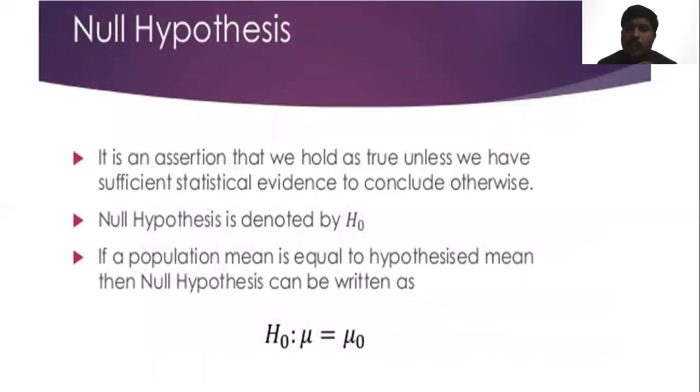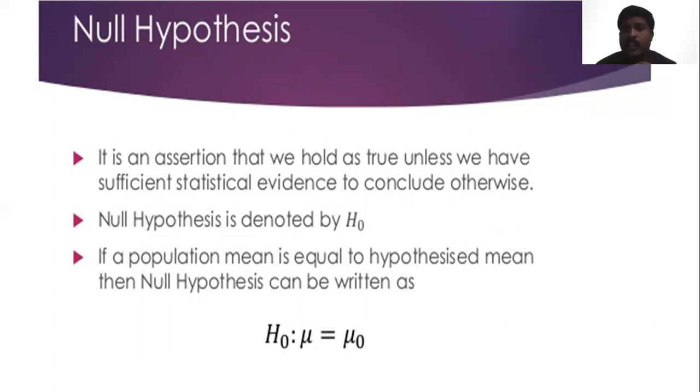So what is a null hypothesis? We will take it as H naught. It's an assertion that we hold as true unless we have sufficient statistical evidence to conclude otherwise. As in the example, the students who have undergone the counseling show an increase in creativity when compared to the students not undergone the counseling.